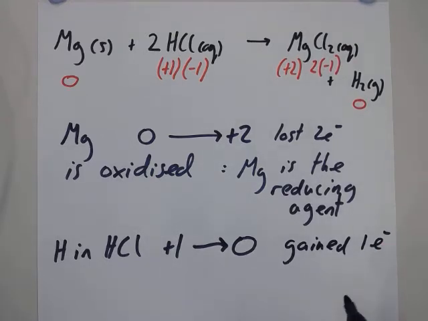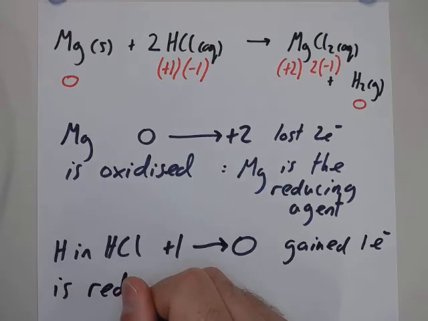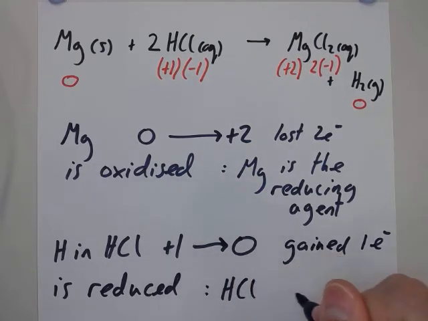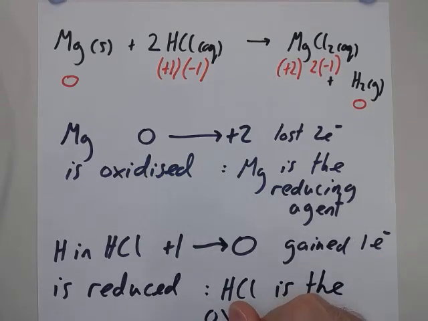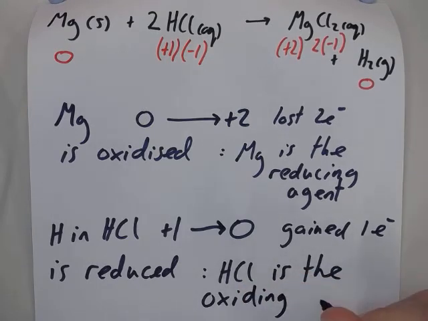So gain of electron is reduction. So H in HCl is reduced. And if it's reduced, that means that it is the oxidizing agent. So HCl is the oxidizing agent.